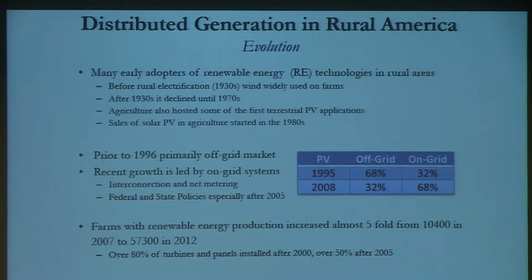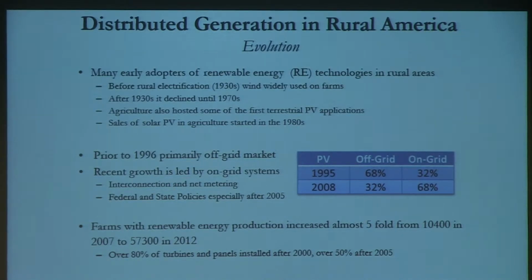This change, with growth led by on-grid installations, is due to the interconnection and net metering policies that have allowed owners to sell excess electricity back to the grid, and have also allowed them to install larger systems. In addition, we have a lot of federal and state policies, especially after 2005, that have really supported renewable energy and made it a much wiser financial decision to install it.